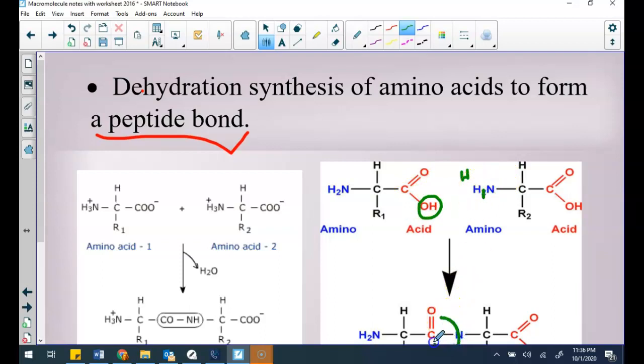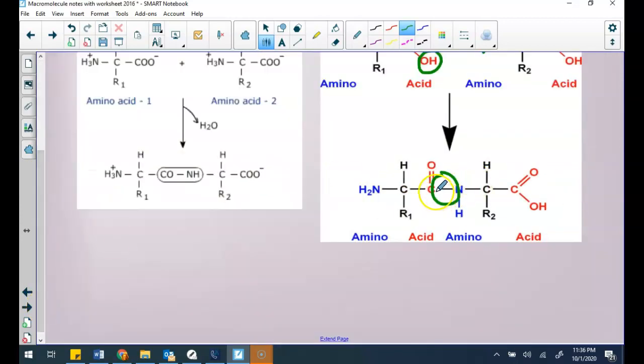And you can see right here at the bottom, that C and the N are now connected together. And off to the side, we're going to have that extra water that we pulled off to make that bond happen. So that's dehydration synthesis, just like what we did before.